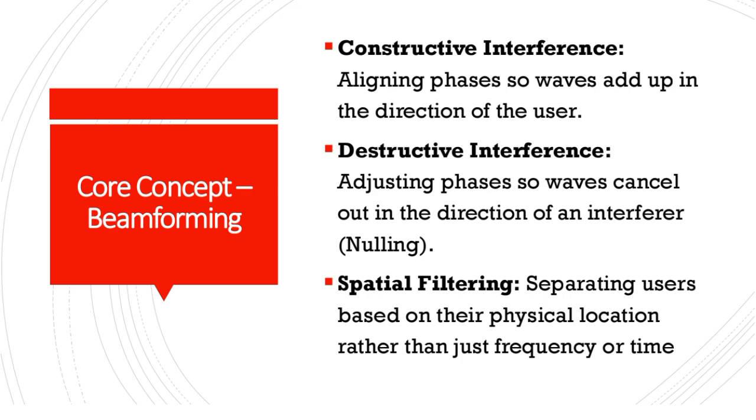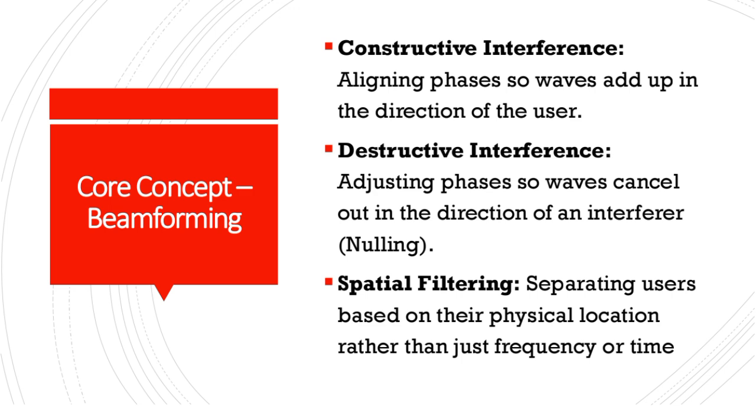In that, we have three main concepts: the first is constructive interference, the second is destructive interference, and the third is spatial filtering. The first thing, we are aligning phases so waves add up in the direction of the user. Already you might know that whenever waves add up, we call it constructive.